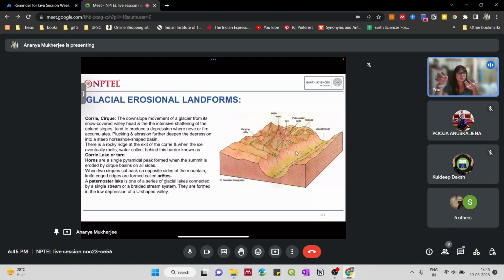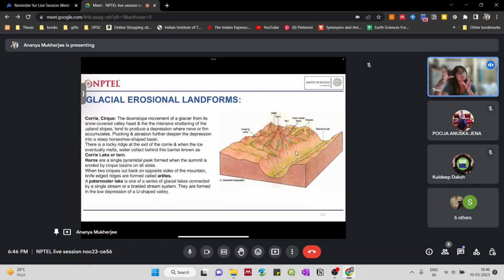Due to the weight of the glaciers moving downwards, it is going to pluck the bedrock and create depressions, and this is where more and more accumulation keeps happening. These will get deeper with active plucking and abrasion processes, and it is going to form a circular bowl-shaped depression that is called a cirque or corrie.